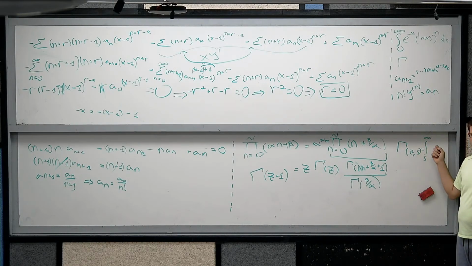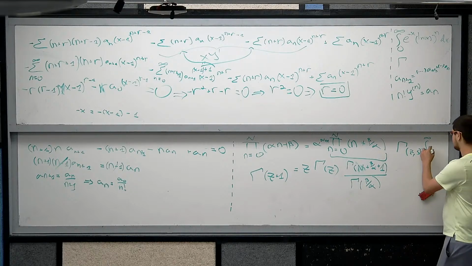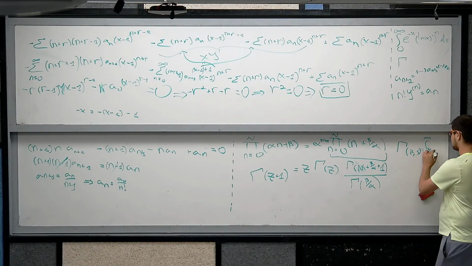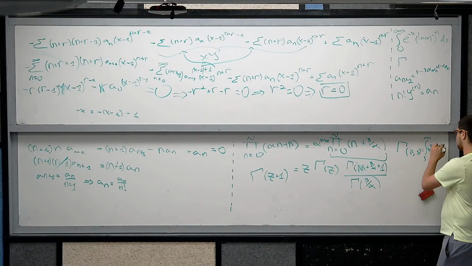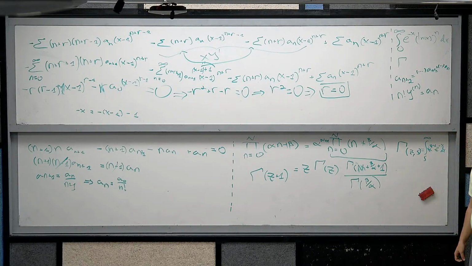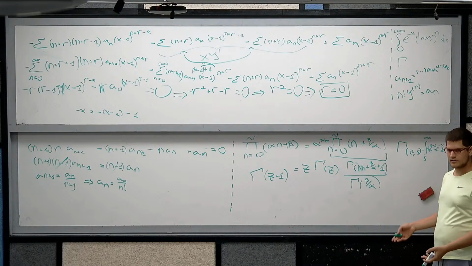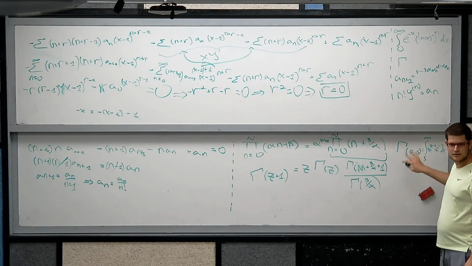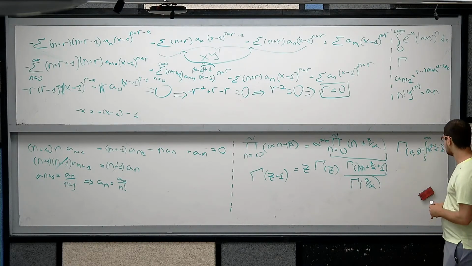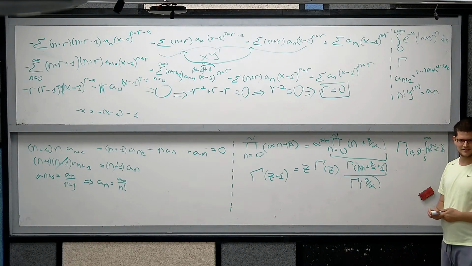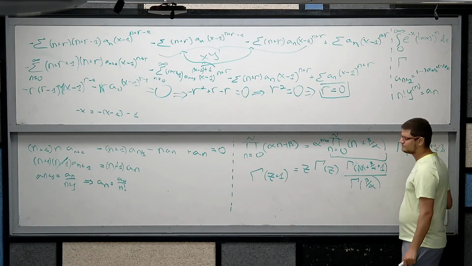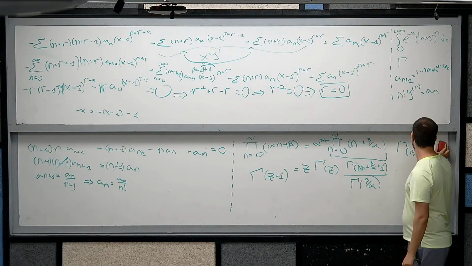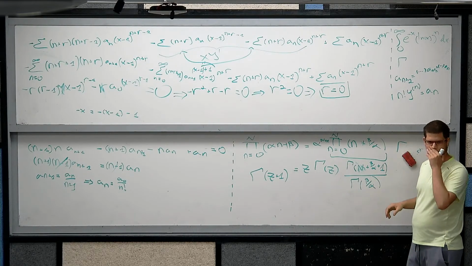It depends on two variables, and it's just x to the z minus 1 e to the minus x dx. It's a nice thing, and you need to work and be careful with it when s is close to a negative integer, but it will come later on in the course.